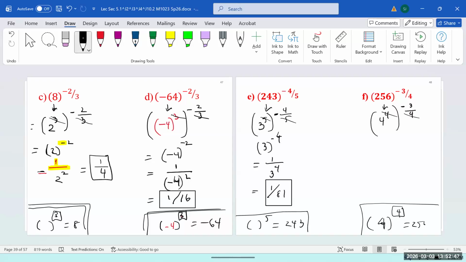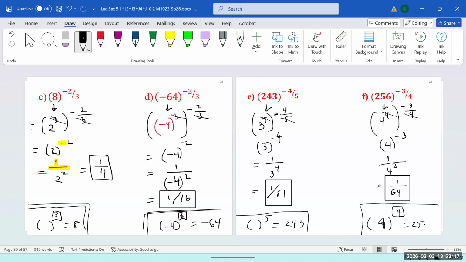That brings it to 4 with a -3 exponent. So you could change that to 1/4 to the exponent of 3. And so 4 to the exponent of 3 will be 64. Perfect.